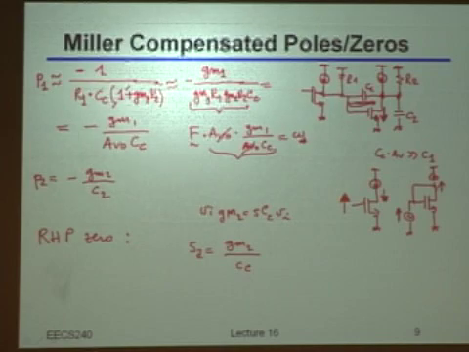Now, the question is, we thought that we solved the problem, right? We now have a most probably stable amplifier with this technique. But how is a positive zero for the purpose of stabilizing an amplifier? Is that maybe a good thing? Is that a bad thing? Or possibly a very, very bad thing?